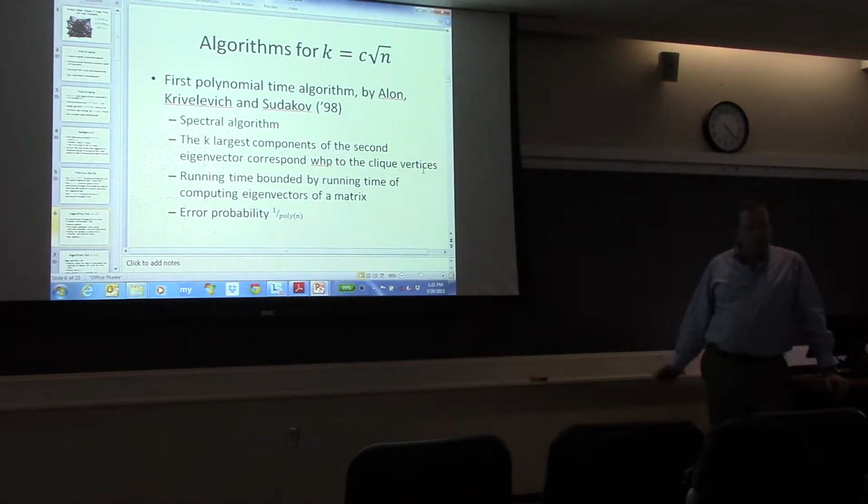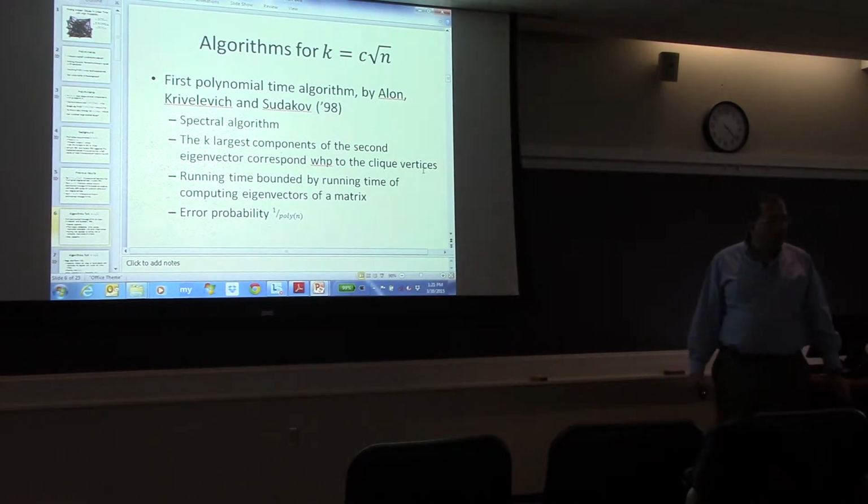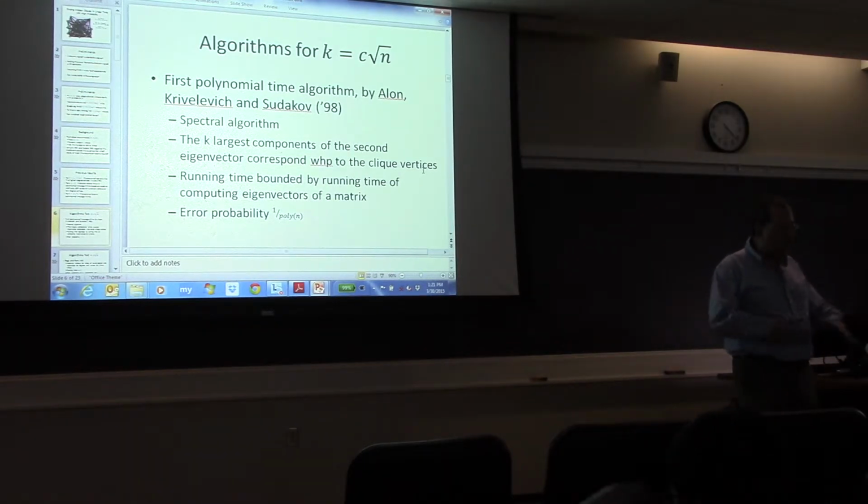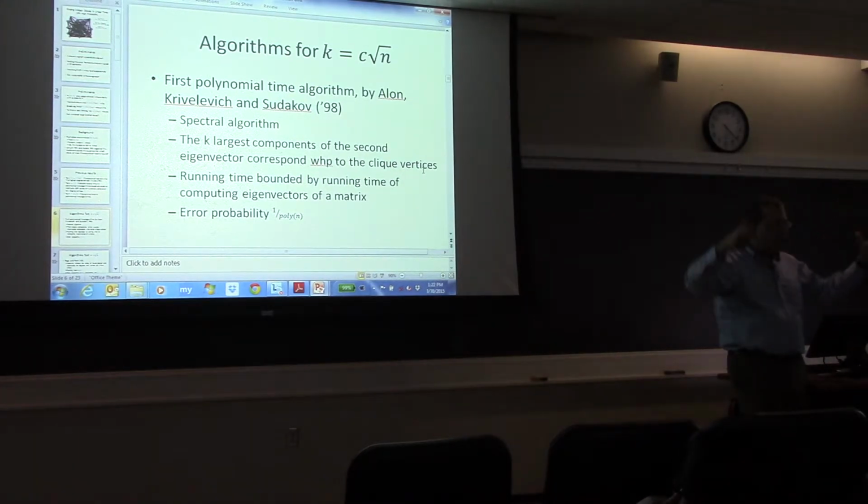This is still not a linear time algorithm. What computer scientists mean by linear time here is actually n squared, because the size of your data is n squared. To record a graph on n nodes, you need an n by n matrix. So this algorithm is pretty fast, but it's not linear time. It takes more than n squared to find this eigenvector.